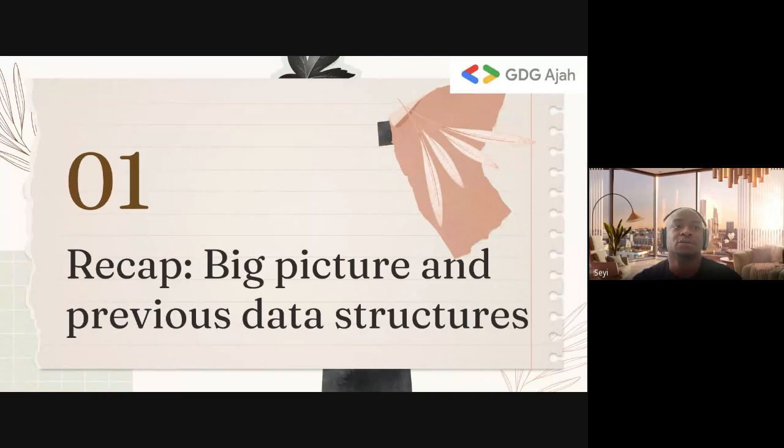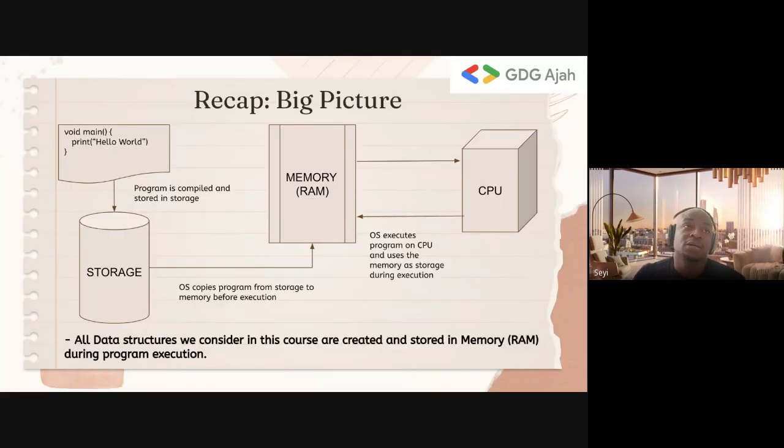Okay. So I like going through this because I want us to have a big picture of what we are trying to achieve and why we are learning what we learn. Recall that I brought this up earlier on in our previous classes. When you have a program and that program is about to be executed on the CPU, it's copied from the storage to the RAM. Everything the program does while executing is usually from the RAM.